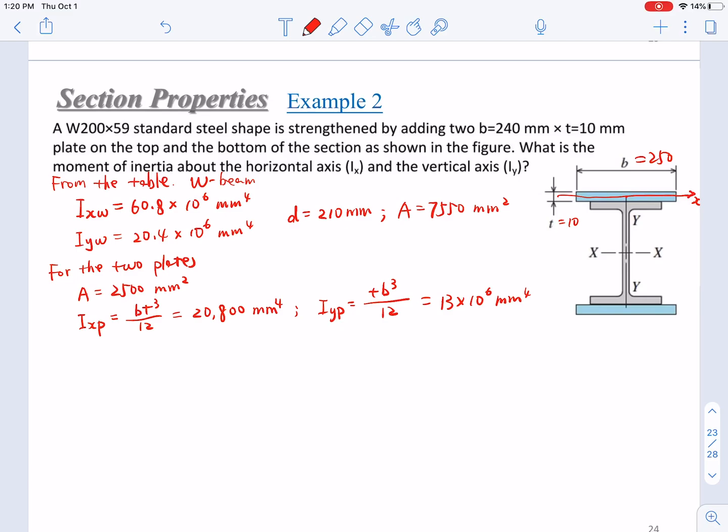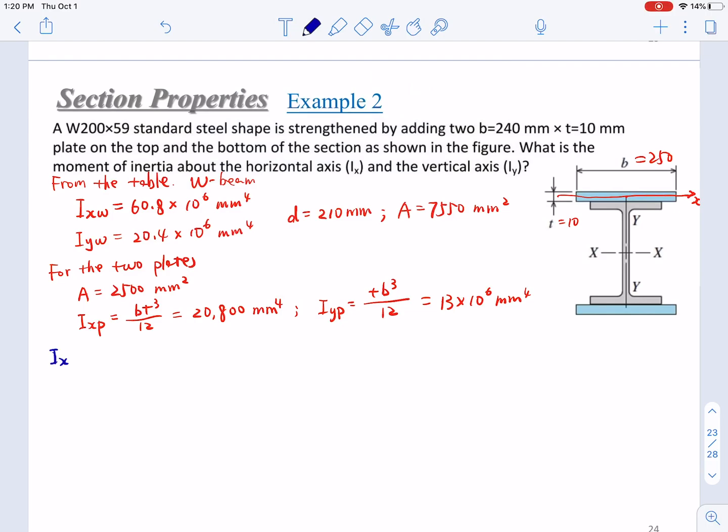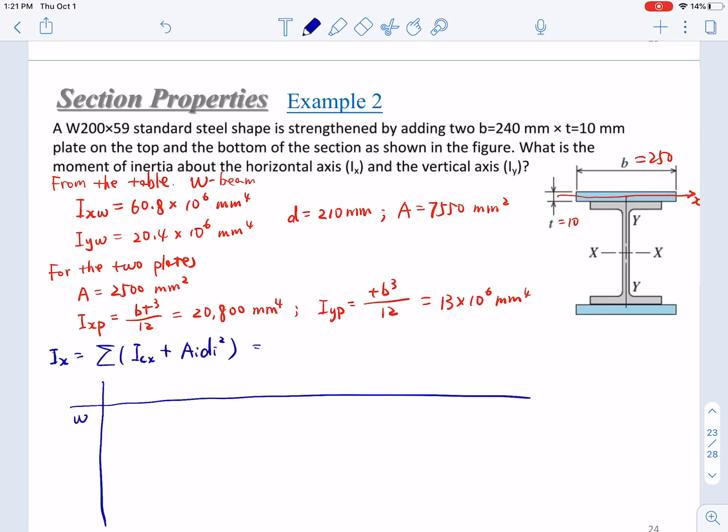From this information, we can calculate the Ix and Iy. Look at the Ix. Just use our equation: that will be the sum of ICX plus A_i d_i squared. We make a table for the W, wide flange beam, and the plate.